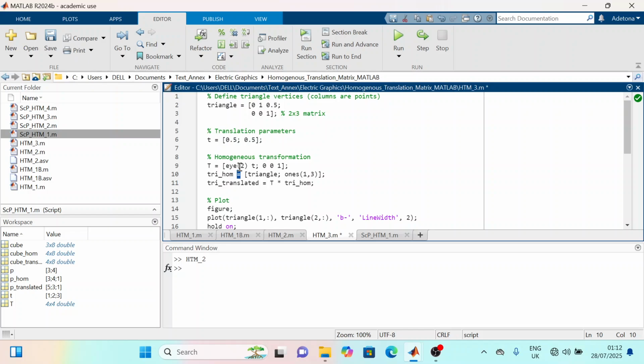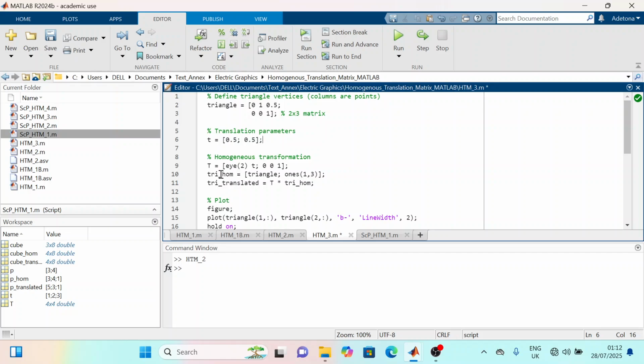Then we have the translation vector t, and t has 0.5. This one is going to contain t of 1, t of 2. Then when you do that, this one is generating a 2 by 2 identity matrix, and we are now adding what you have here to that. Then to create a column vector, we are now adding this. Then we have gotten a 3 by 3 that is supposed to be for the two-dimensional plot.